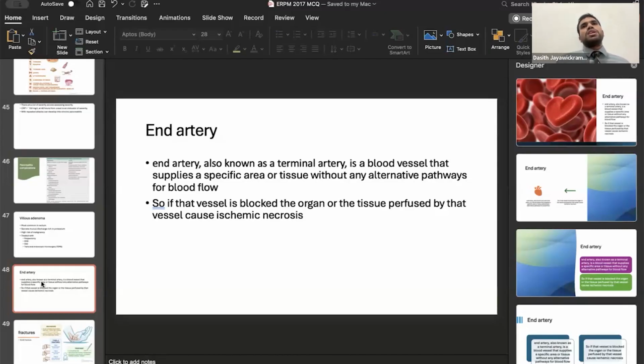With that block, ischemia happens to the distal appendix. With ischemia, it will cause gangrene, and ultimately it will rupture. That is why appendicular perforations are common at the tip rather than the base. That's because of end artery ischemia. So that is also true. So the answer is true, true, true, false, true. Okay.